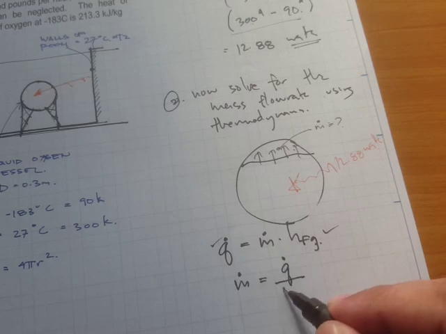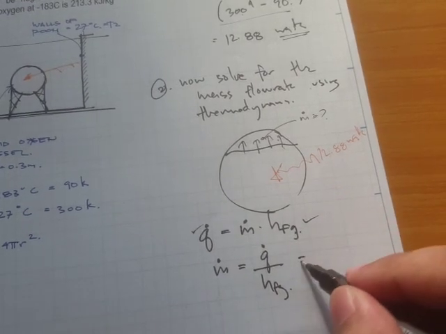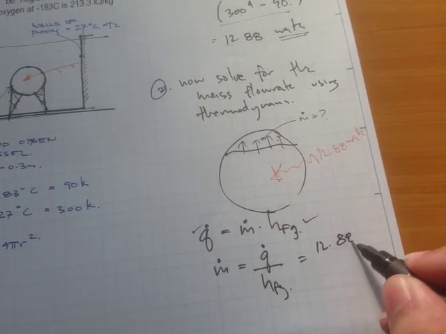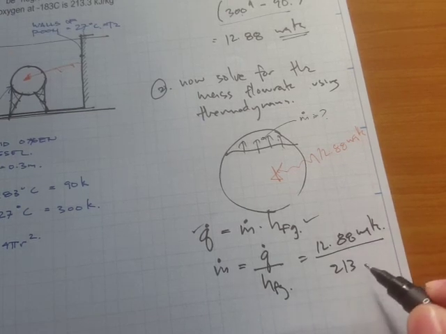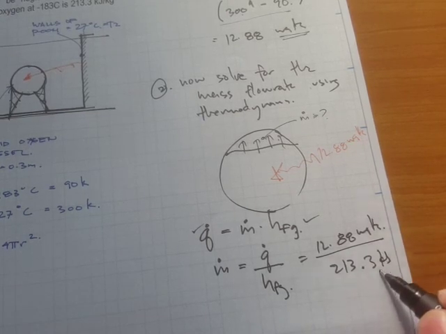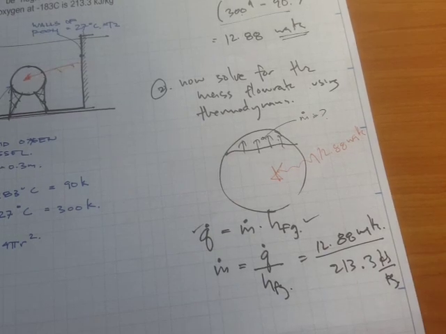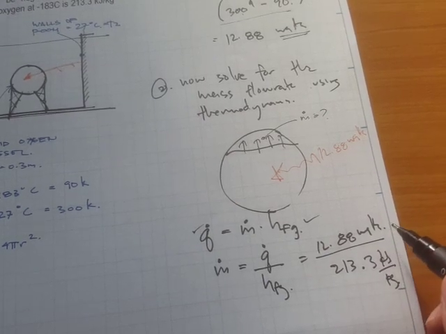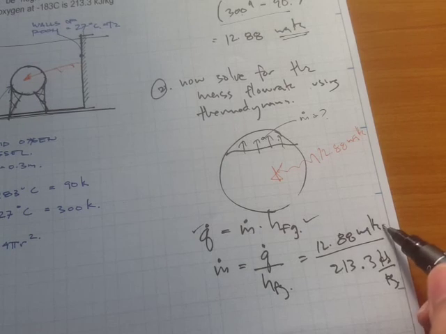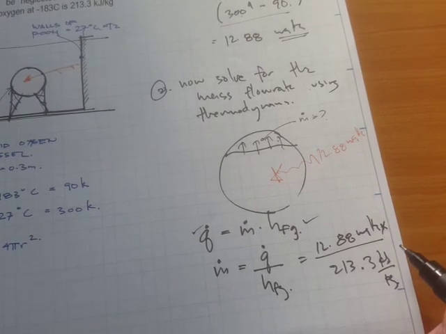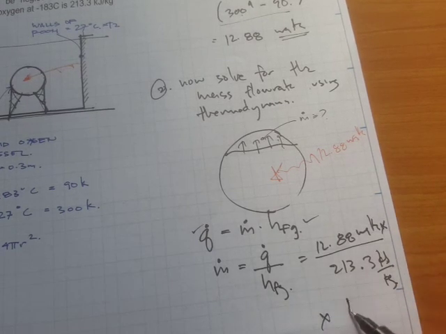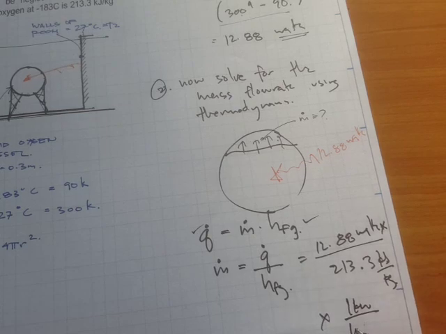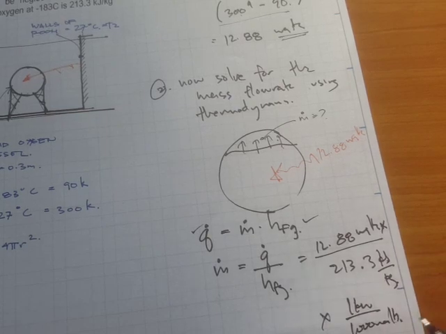So m dot is 12.88 watts divided by the given value of 213.3 kilojoules per kilogram. Of course, if this is kilojoules, then we need to multiply this by 1 kilowatt over 1000 watts, right?